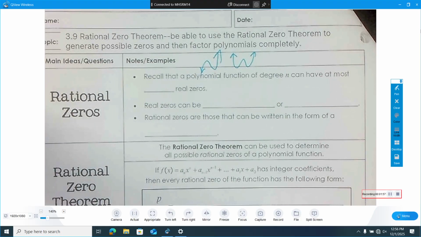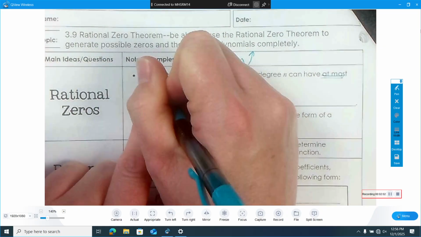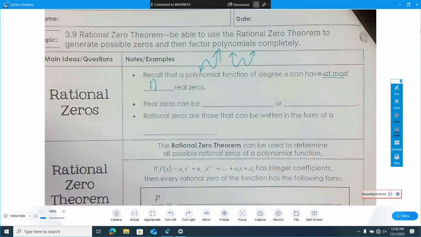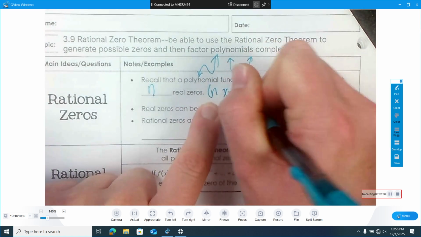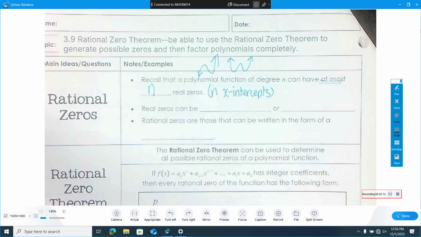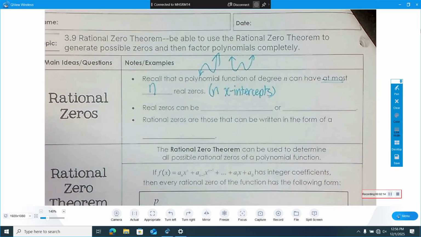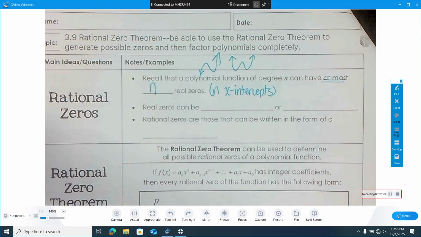A polynomial function of degree n can have at most n real zeros, meaning there are n x-intercepts. Because that's what a zero is. It's where the graph crosses the x-axis. That is where the y value has a value of 0. We have an x value, but the y value is 0, and that's why they're called zeros.